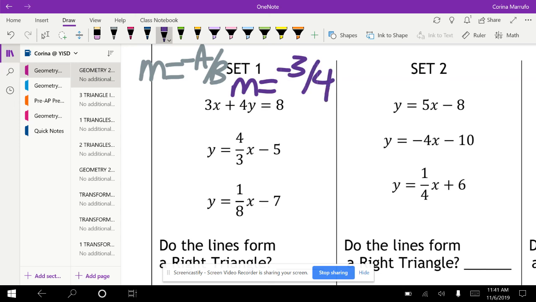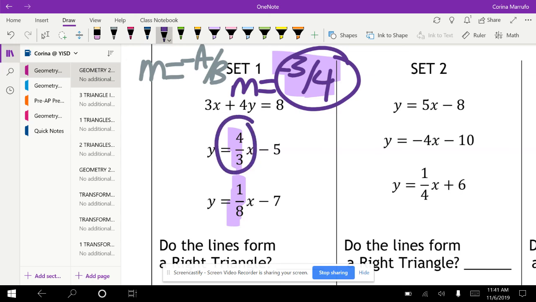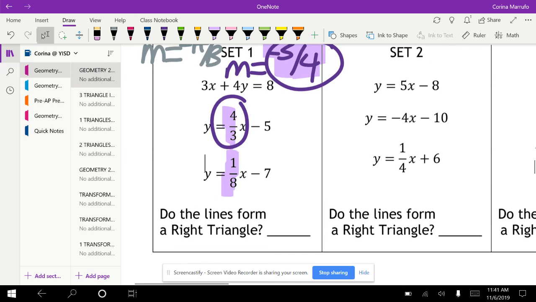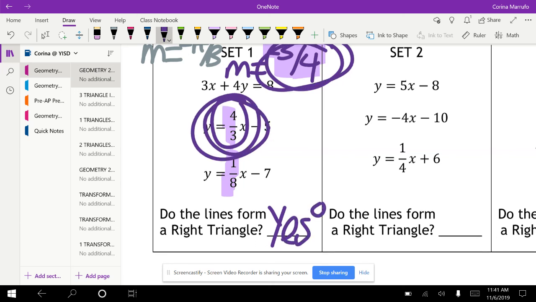So if we look at all the slopes, this is negative 3 over 4, this is 4 over 3, and this is 1 over 8. If you notice, these two are opposite signs and the fractions are flipped. That's what tells you that you have two perpendicular lines. And remember, two perpendicular lines make a 90-degree angle. So does this form a right triangle? Yes, we do have a 90-degree angle because those two slopes are opposite reciprocals.